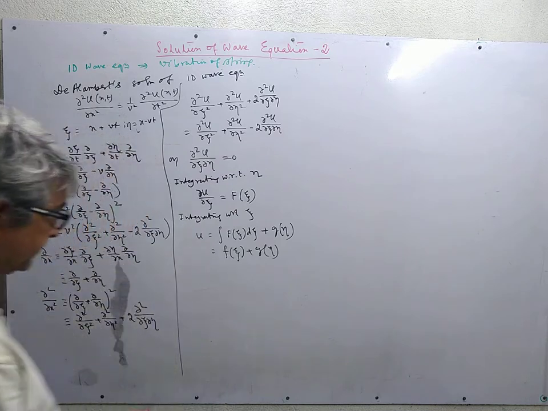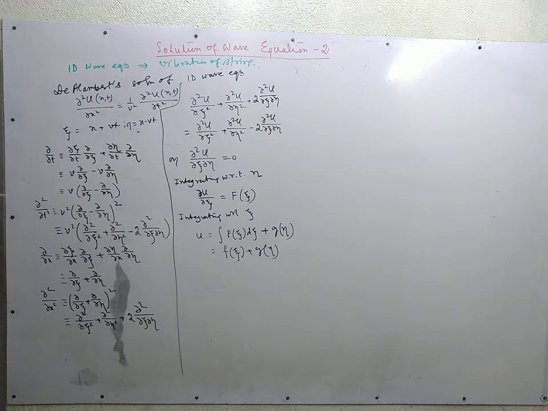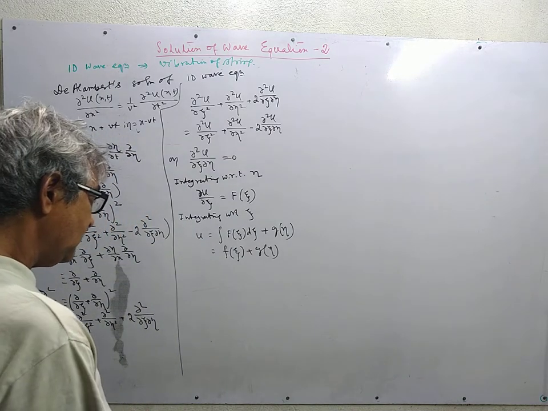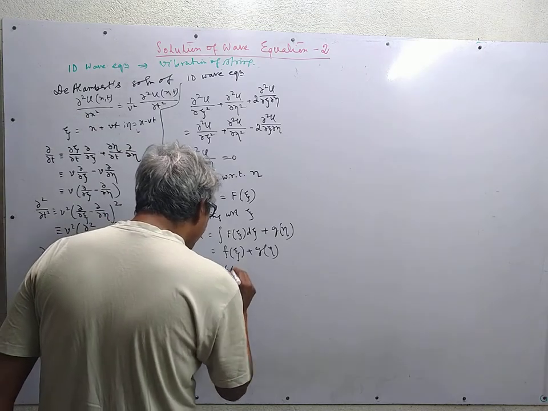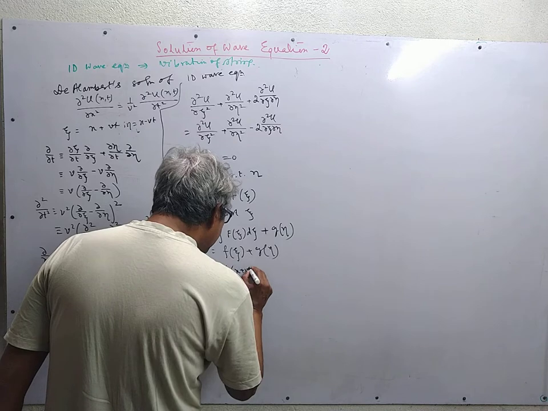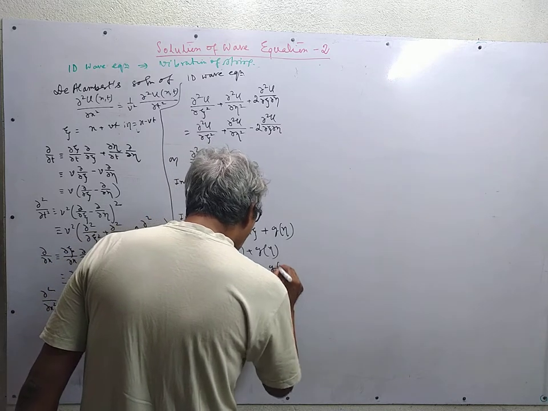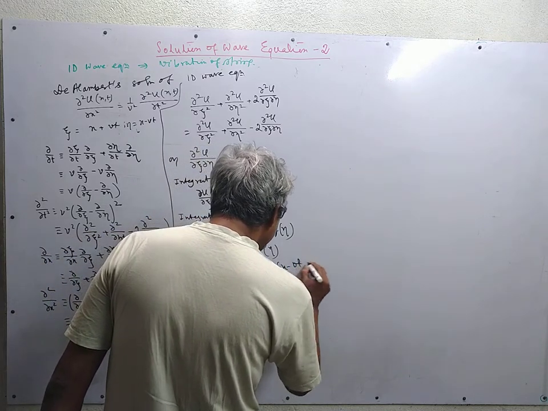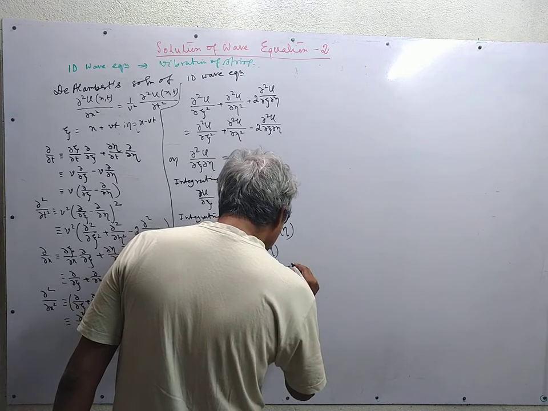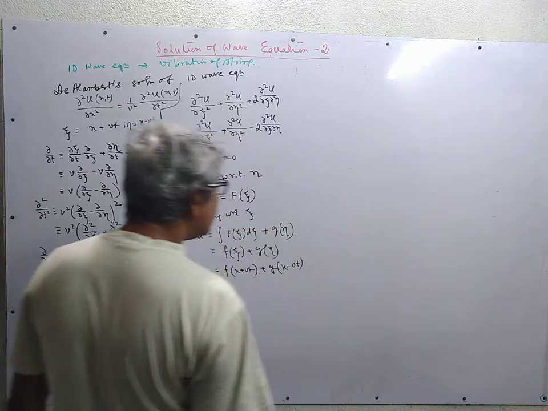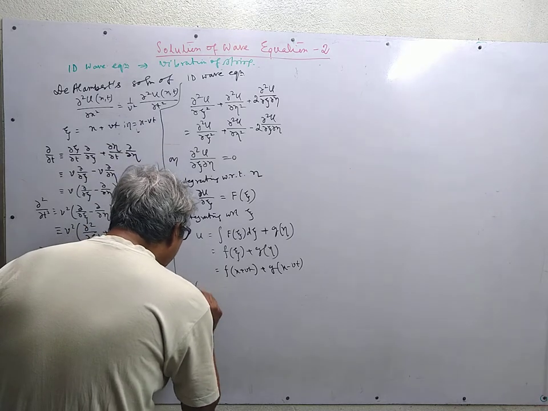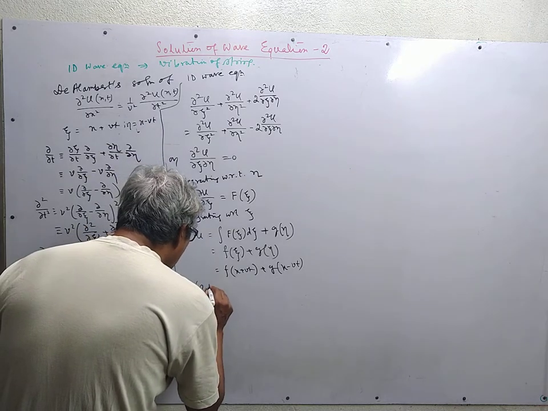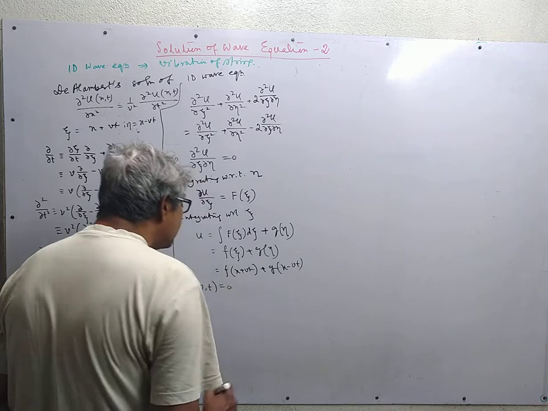This is the solution. Now if we write it explicitly, this becomes f of x plus vt plus g of x minus vt. The boundary condition is that u at x is equal to 0 at all time t is equal to 0.